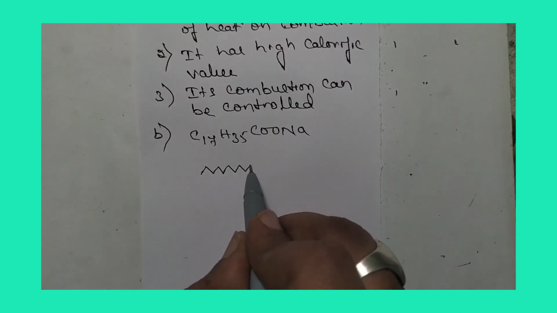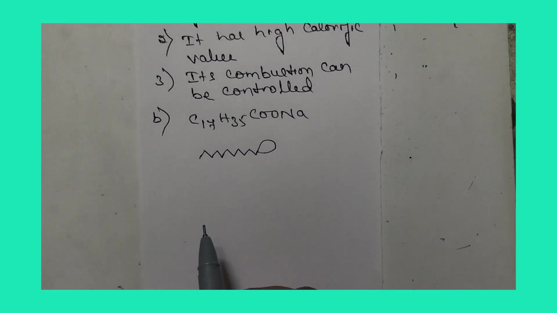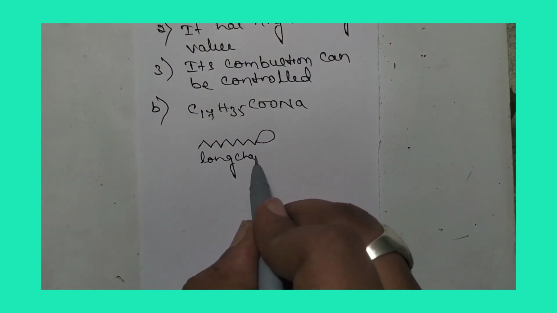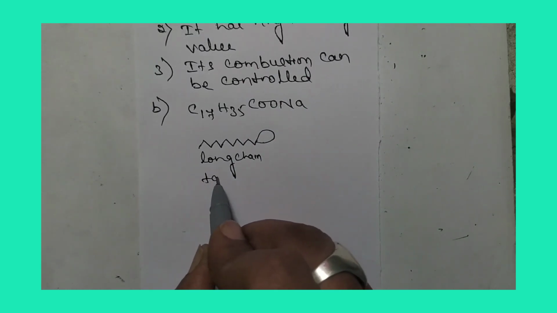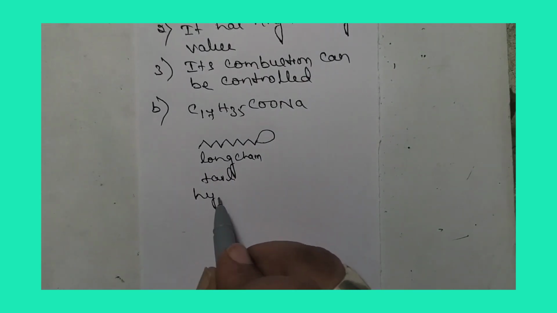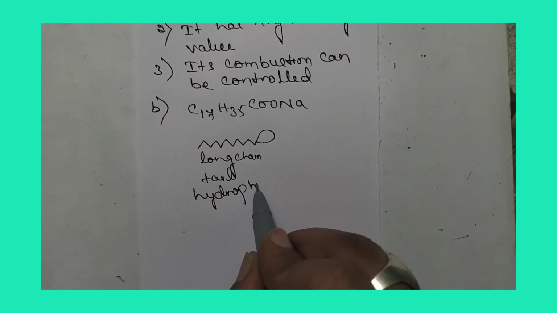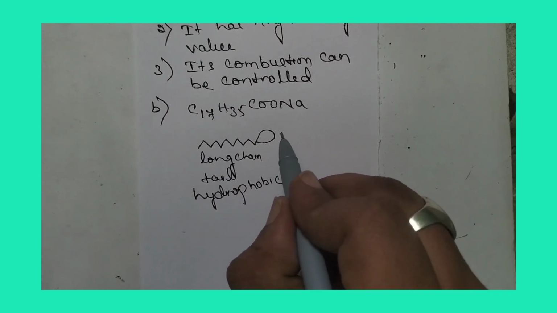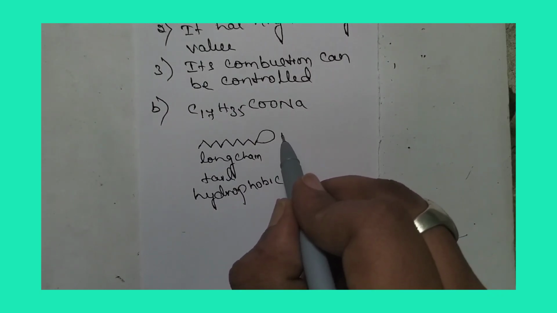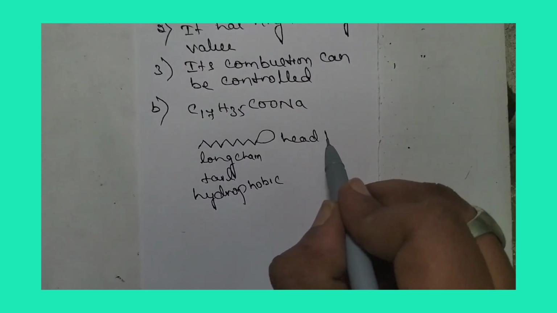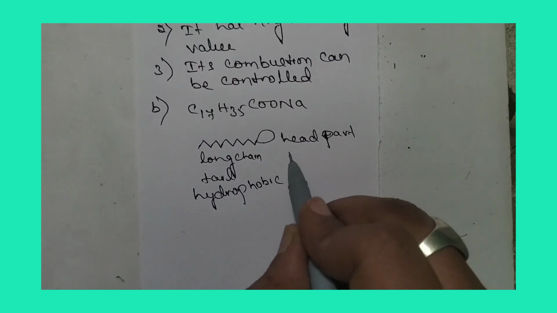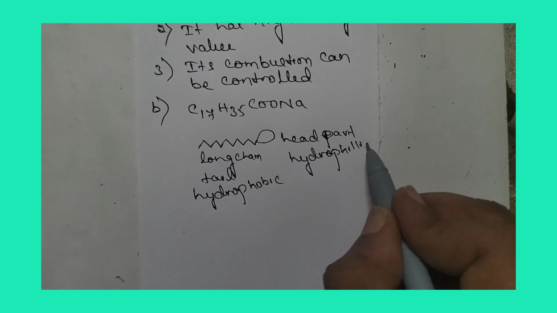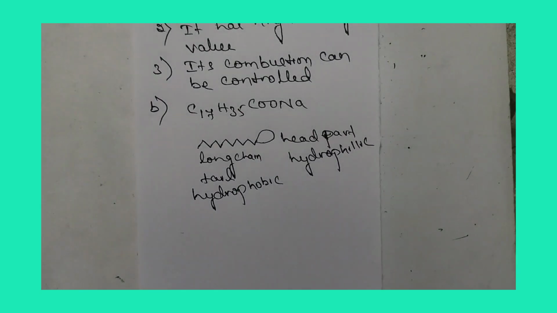Its structure has two parts. One is a long chain part, called the tail part, and this tail part is hydrophobic, that is, it is afraid of water. And this is the head part, and this head part is hydrophilic. It has attraction towards water. So that is the hydrophilic part.